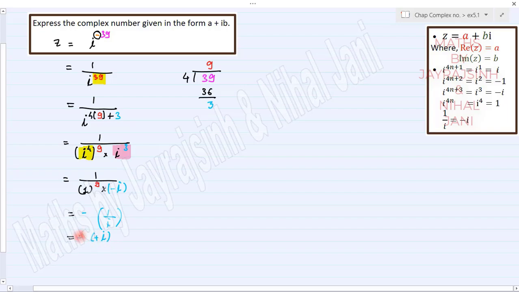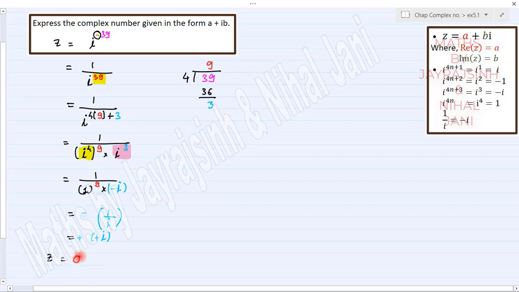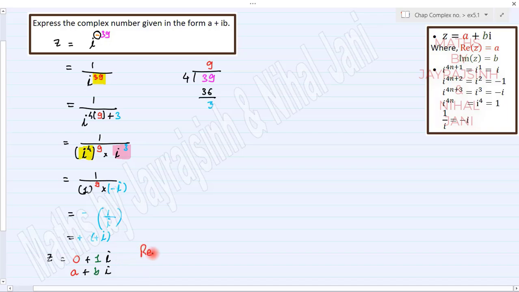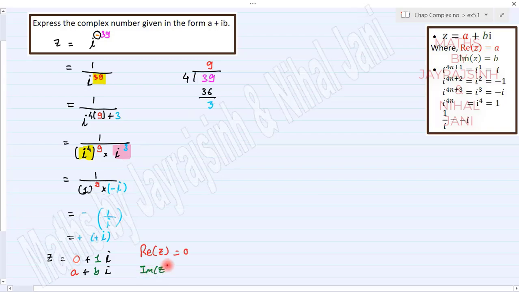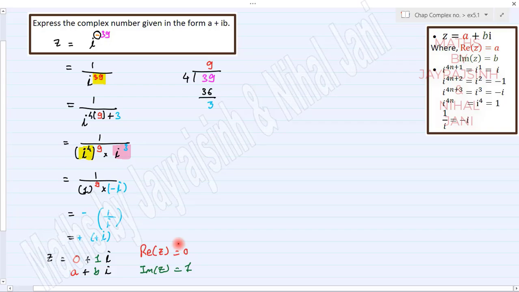So here minus minus becomes plus, and we will get z is equal to 0 plus 1i, which is in the form of a plus bi, where the real part of the z is 0 and imaginary part of z is 1. Whenever your real part is 0, it is called purely imaginary number. Ta-da!